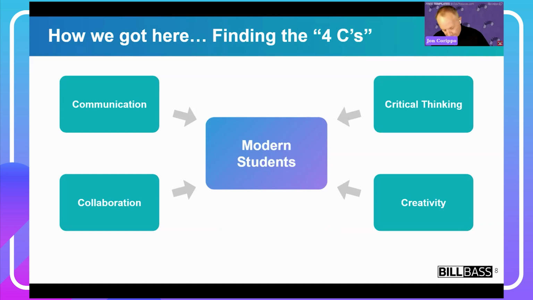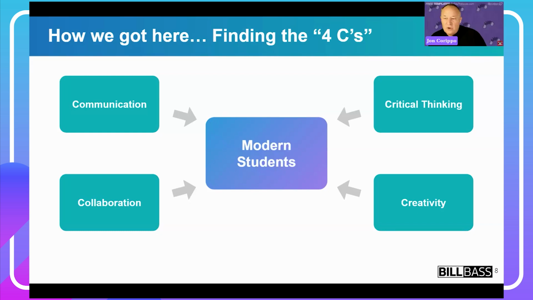And so the four C's were established as communication, critical thinking, creativity, and collaboration. These are the things that we want them to be able to do and bring to every content that they go through and every learning experience that they have. We want these kind of things. And so this was one of those things that really changed my thinking around what we needed to do in order to get there.